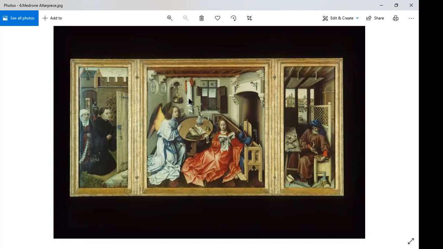But you could see how if you move these 2 panels and pull them close, they would literally cover the middle panel, and then it's all protected. You can put it on a horse cart and take it up the river or over the mountain to the next town, next cathedral, whatever. So they're portable paintings, and they're almost always religious themes. Okay, so let's give the other definition. Covers everything. Oh, here we go.